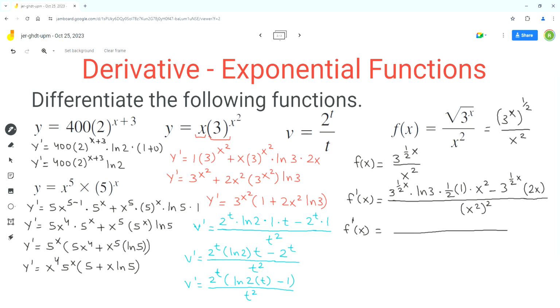So we can simplify this as times ln 3 times, and then half times x squared is half x squared. Then minus, then in the second part, so we can just do 2x times over, now in the denominator, we can multiply the exponents because it's a case of power on a power. So 2 times 2 is 4.